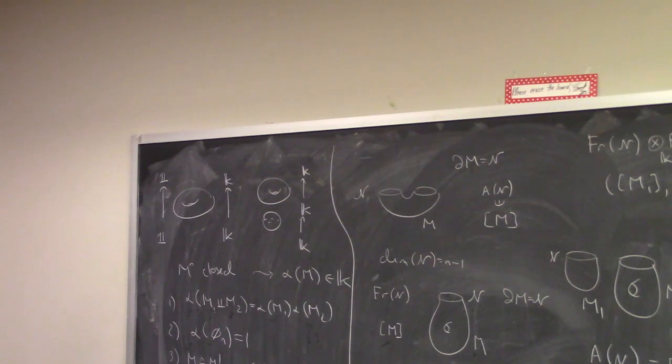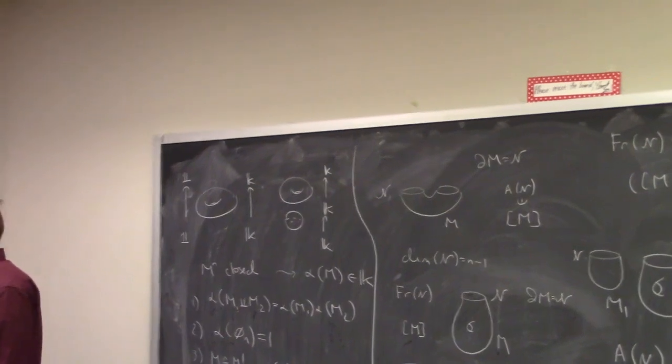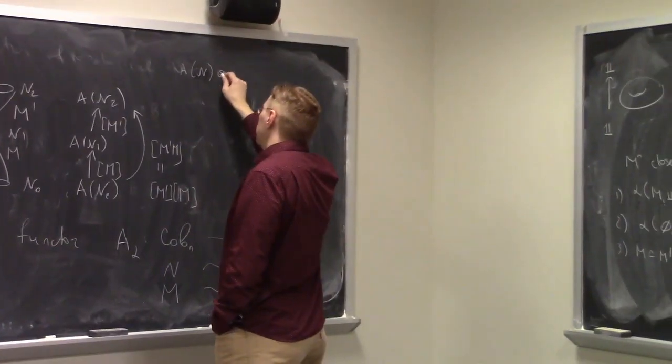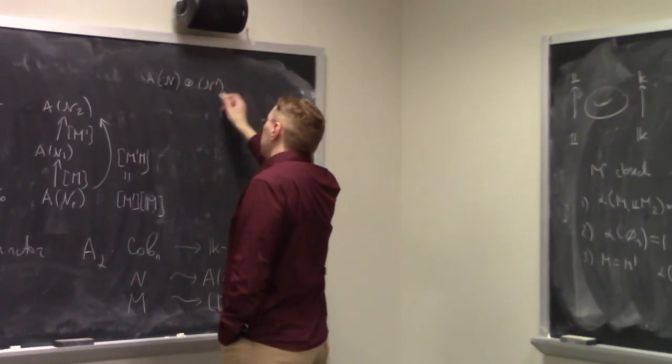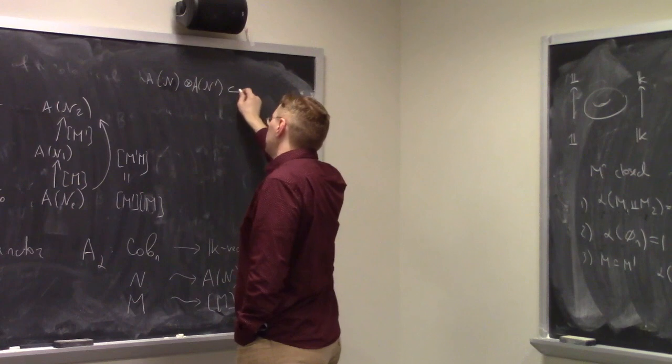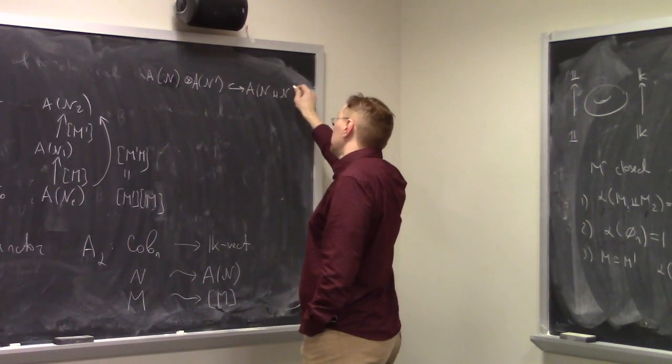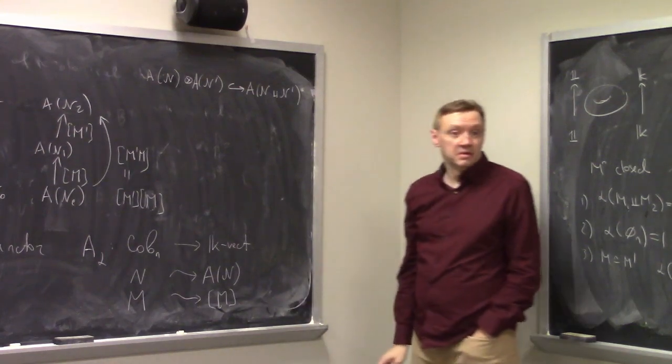So, an additional property of this construction. It's not a TQFT, but we have a weaker property. If you take a state space for N and a state space for N prime, this is a subspace of the state space for N union N prime. Let me explain this point.